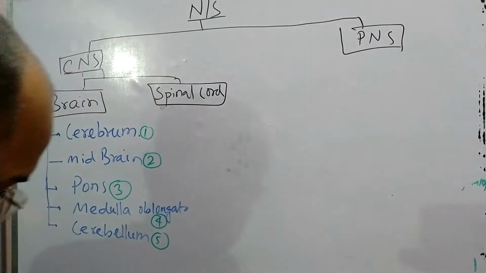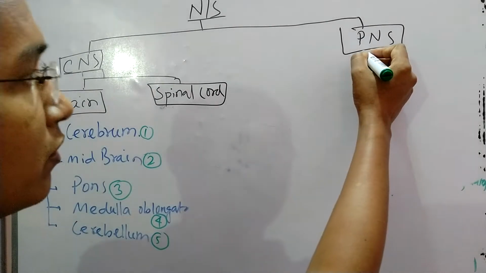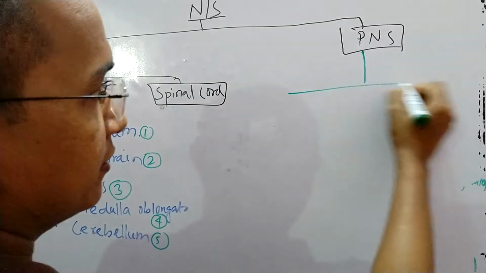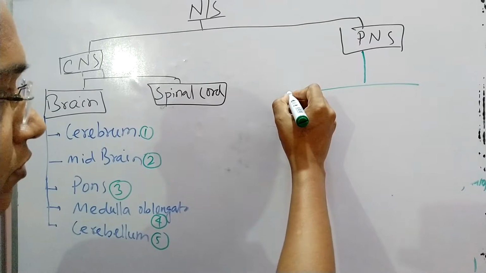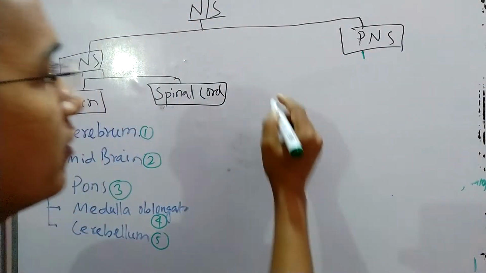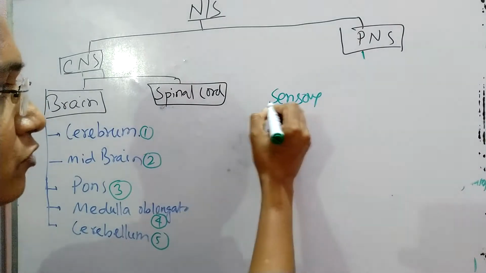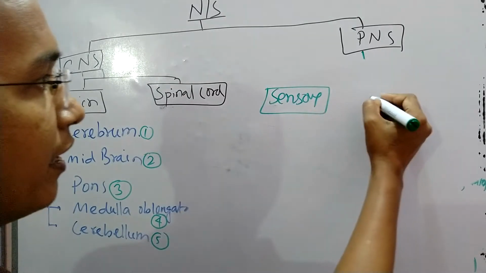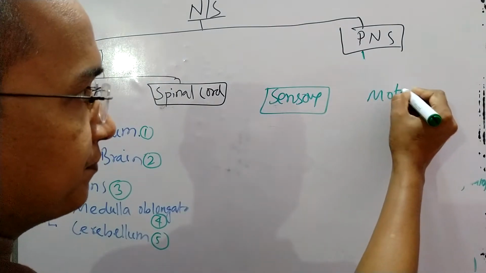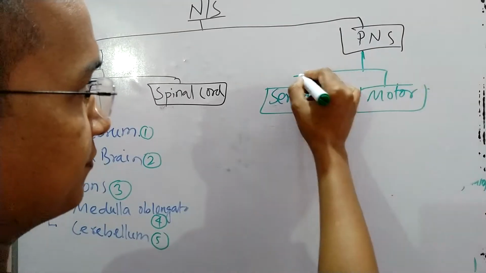Now, the peripheral nervous system. Peripheral nervous system can be divided in various ways. We can divide in such a way: sensory system and motor system of peripheral nervous system.